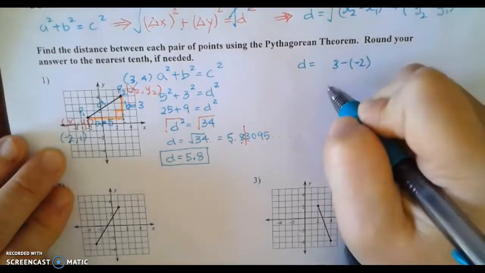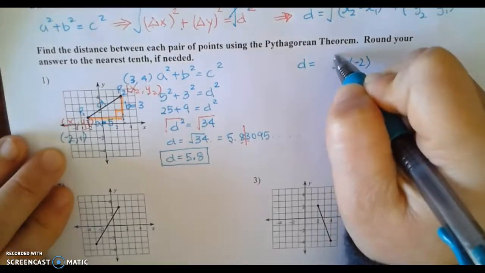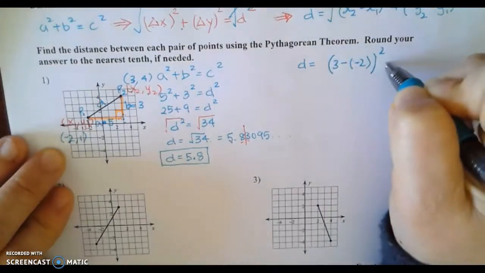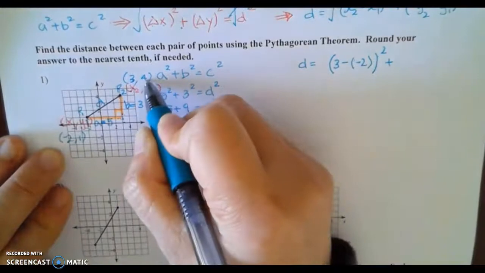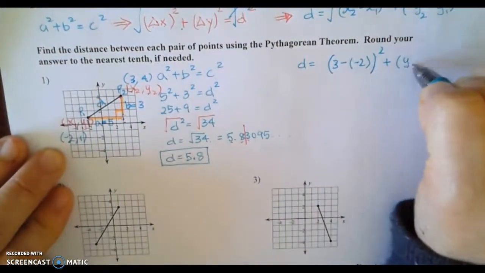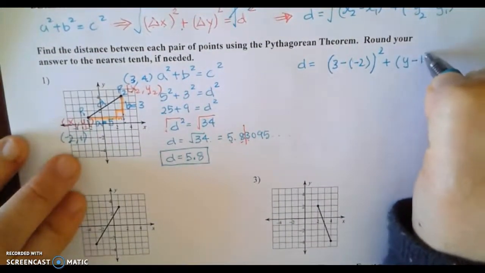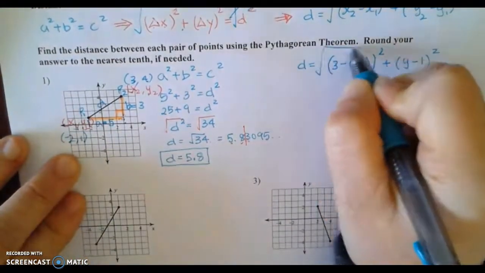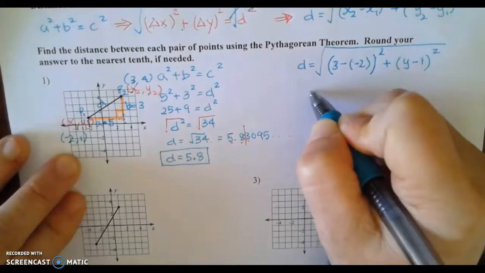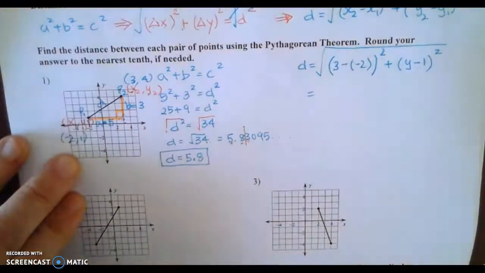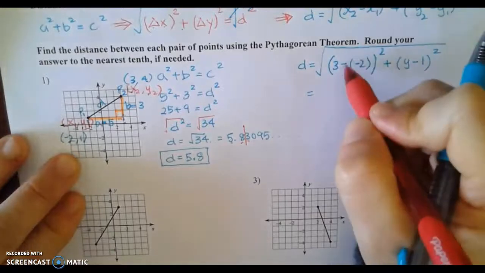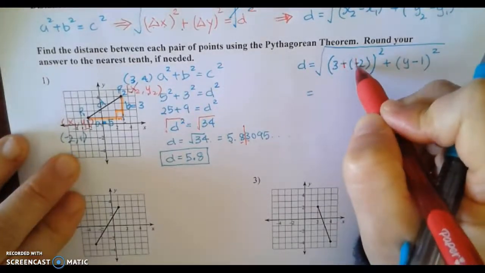Notice I'm using parentheses so that I do not lose the negative sign. Squared, plus y2 is 4 minus 1, 1 is from here, squared, and take a square root of that. Now when I see minus minus, that becomes plus plus.